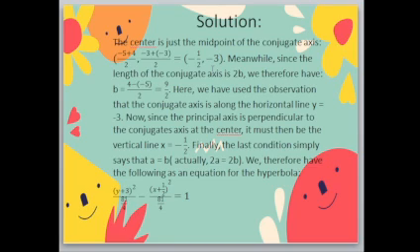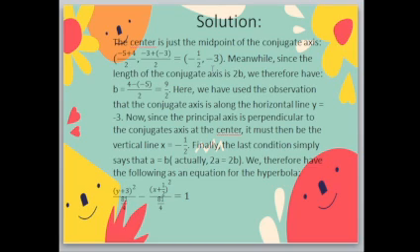Here, we have used the observation that the conjugate axis is along the horizontal line y equals negative 3, because that's the value of k at the given center. Right, our center is negative 1/2, which is the h, and it is the same in x. And our k is negative 3, the same in y. So we have y equals negative 3.